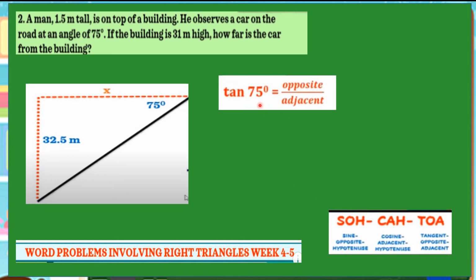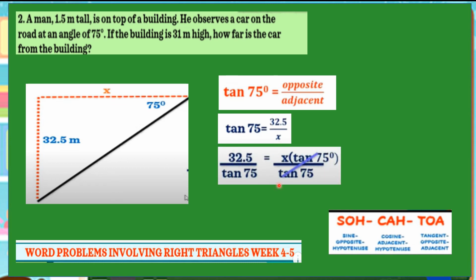So, tangent 75 degrees is equal to opposite over adjacent. Tangent 75 is equal to 32.5 meters over x. Then, cross multiplication, x times tangent 75 degrees is equal to 32.5 meters.